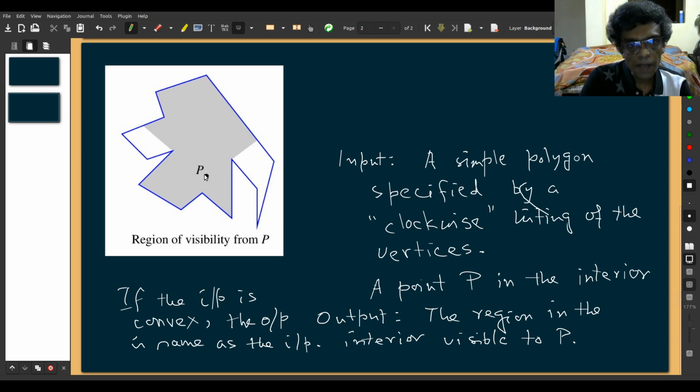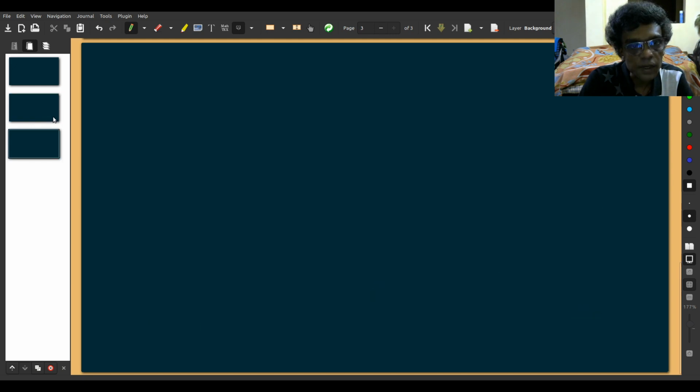So, I will have a sweep algorithm where P is the point from which this ray emanates and makes a complete 360-degree rotation. Okay. So, I will give you another picture which summarizes it all.